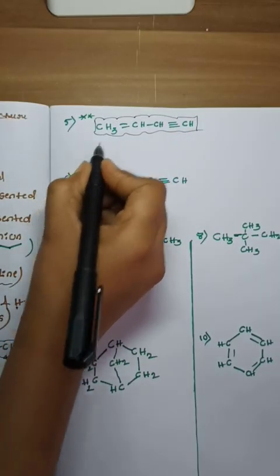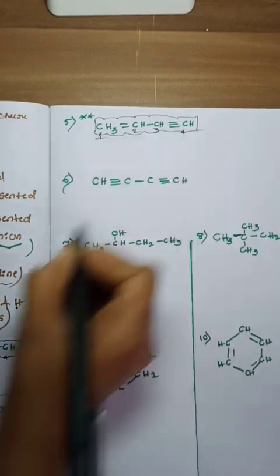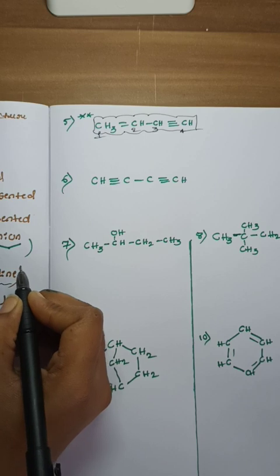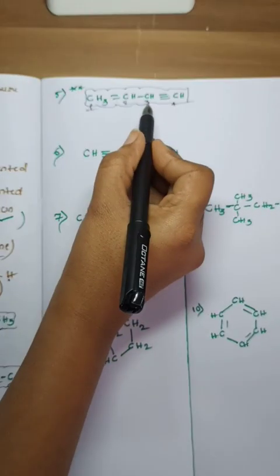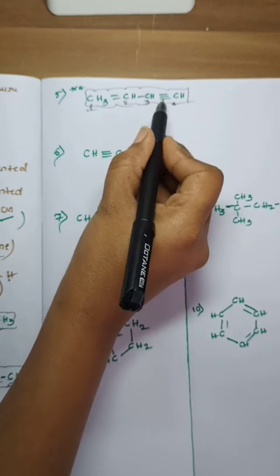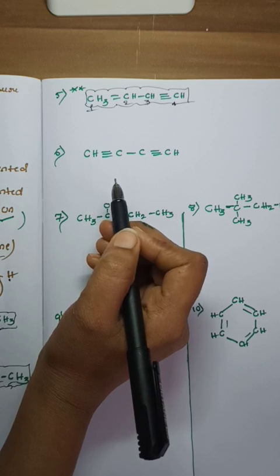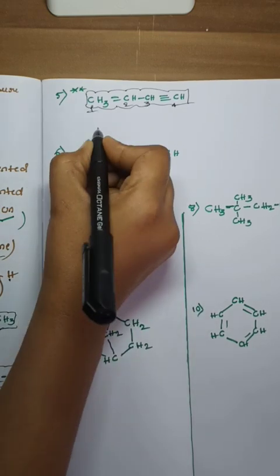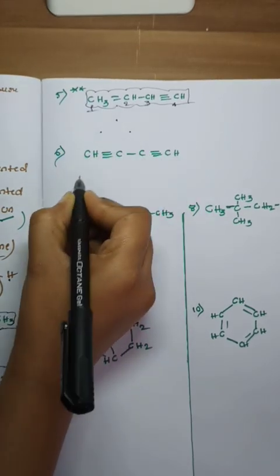How many carbons are there? 1 2 3 4 carbons. How to represent 4 carbons? In a zigzag manner except these 2 carbons. Why? Because between the third and fourth carbon a triple bond is present, and a triple bond we always have to represent in a straight line. Now I'll write like this: first carbon, second carbon, third carbon.